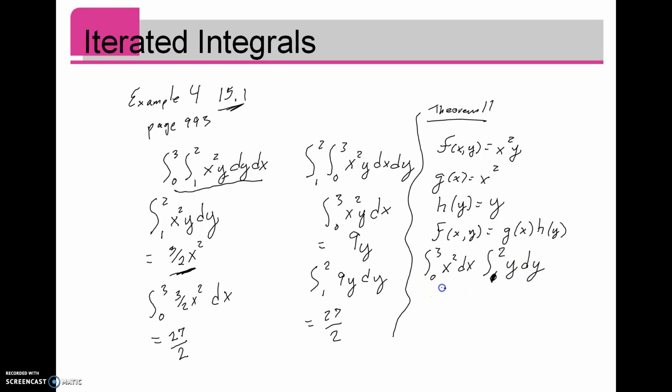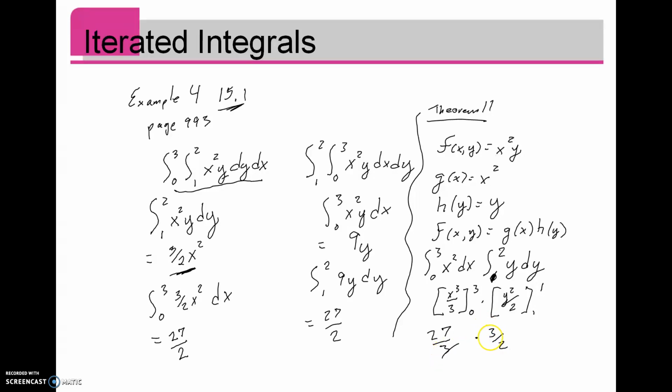And going through this pretty quickly, we get x cubed over 3, from 0 to 3, and we're multiplying that times your integration here, which is y squared over 2, from 1 to 2. We get 27 over 3 right there, and we get 3/2 here.